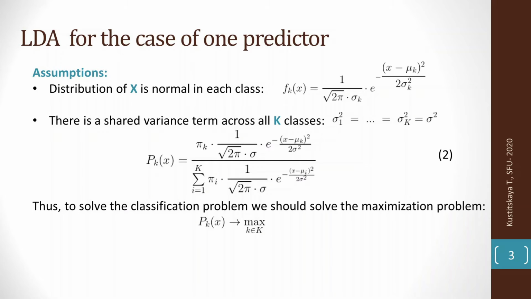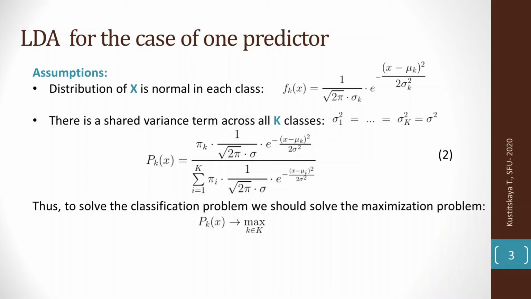The resulting formula from the previous slide will take this form. Thus, to solve the classification problem, we should solve the maximization problem for formula 2. We need to maximize the posterior probability of belonging to the kth class.